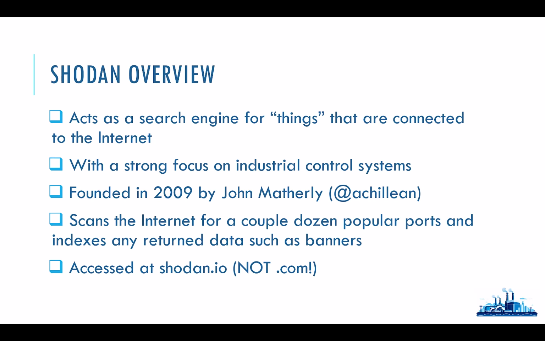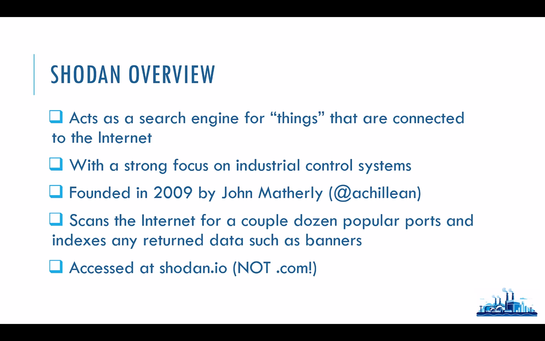And so you can find Shodan at shodan.io. It's not .com. I think .com got registered by a malicious group. I'm not sure if it's still malicious or not, but if you're trying to visit shodan.com from a lot of, especially Windows systems, Windows will actually automatically block you from going there. It'll stop you, give you one of those nice big red warning banners.